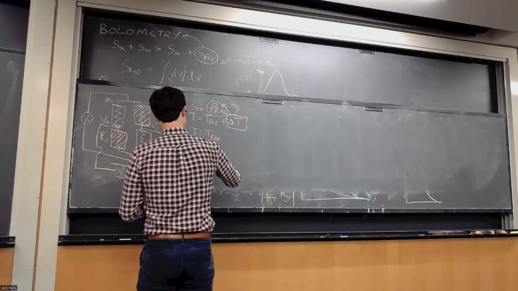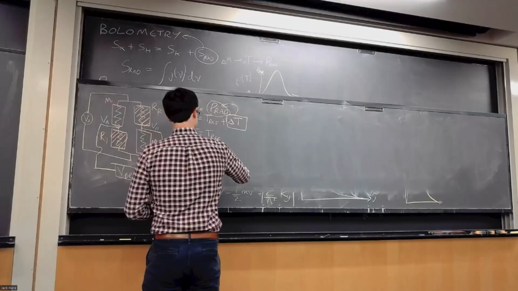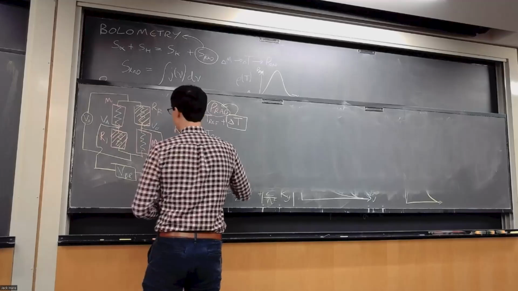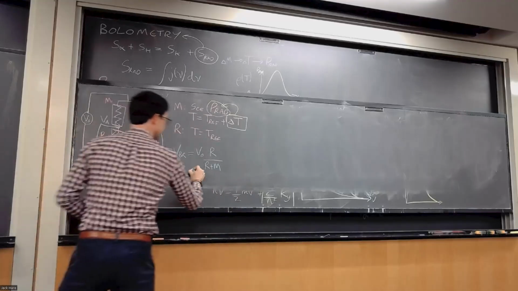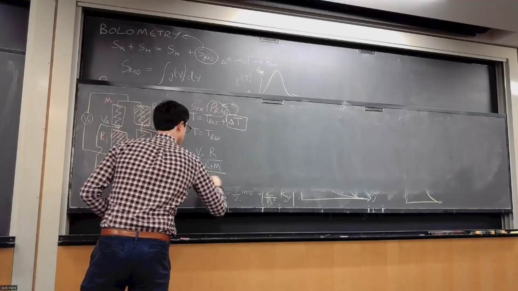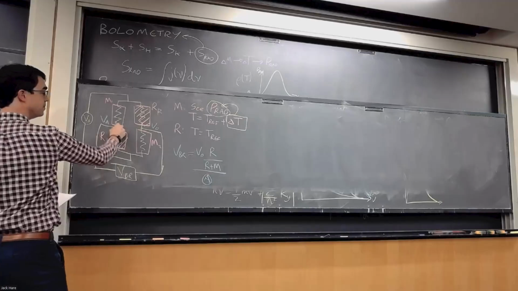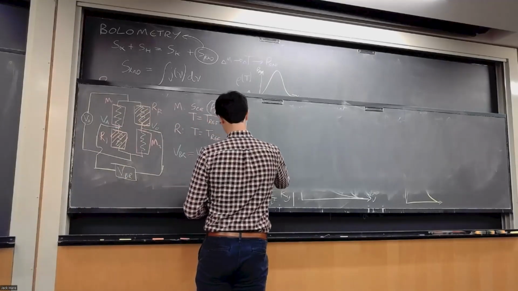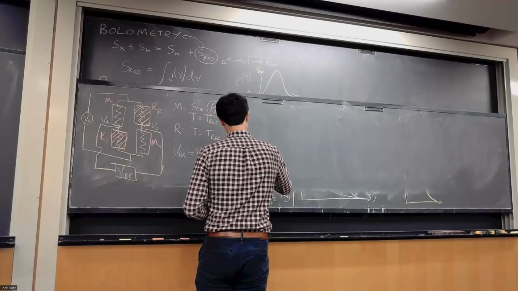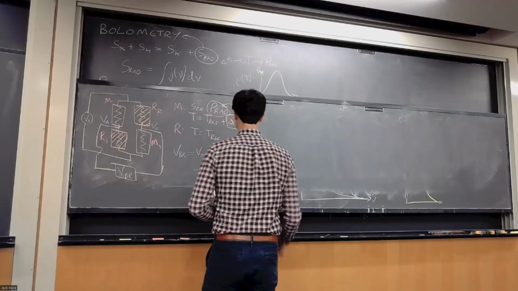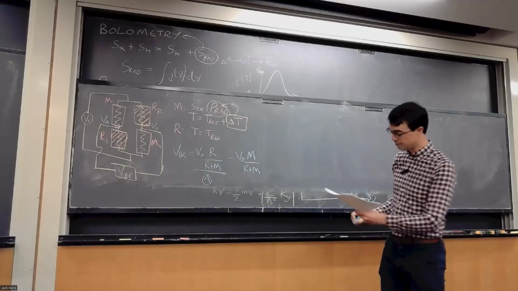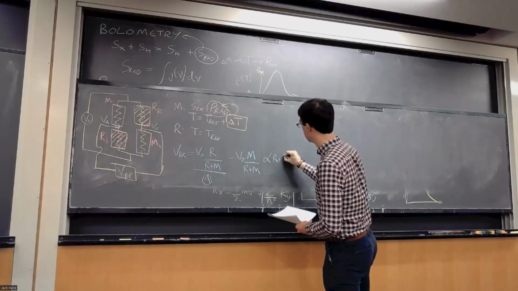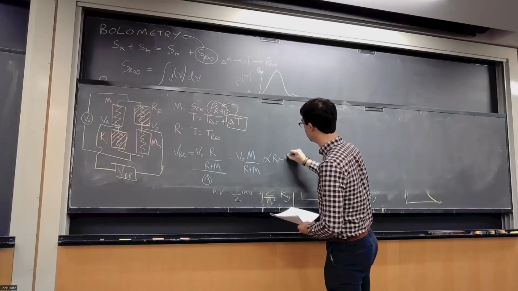So V bridge is going to be equal to V0 R upon R plus M. That's just the potential at A here, minus the potential at B, V0 M over R plus M. And if you look at this quite simply, you can see that it's proportional to R minus M. So it's a differential measurement.